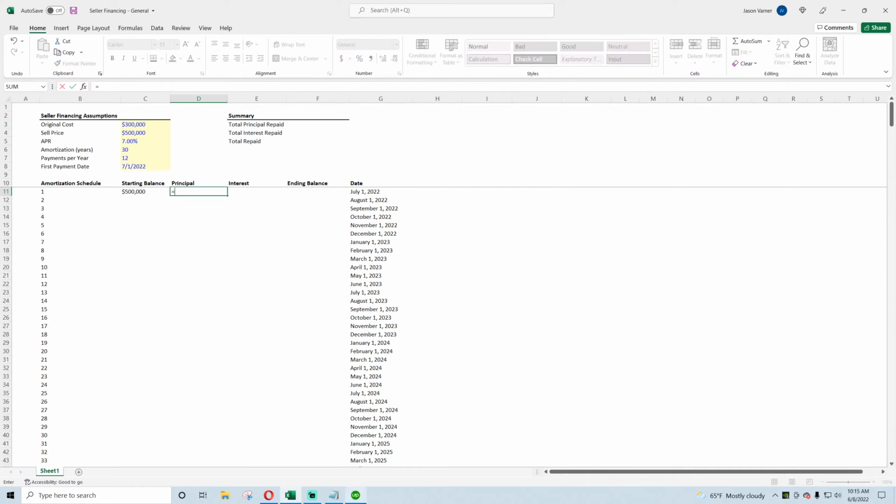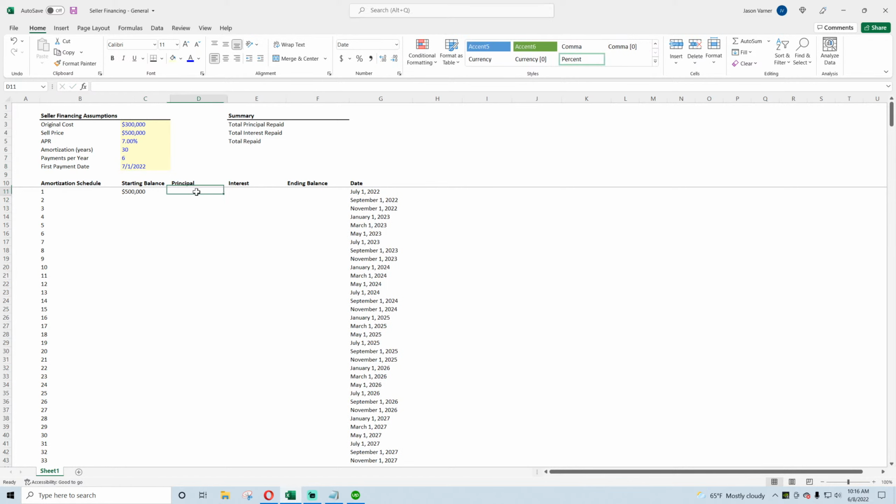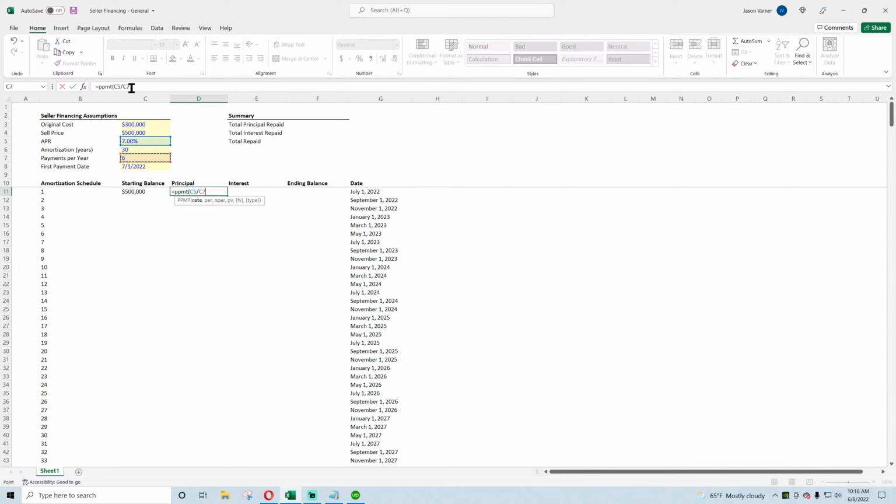Principal payment equals PPMT, and then we have the rate. Now, this is tricky because if we do something like 6 payments a year, then the rate is your APR divided by 6. So this is dynamic here. Interest rate charge for the period.